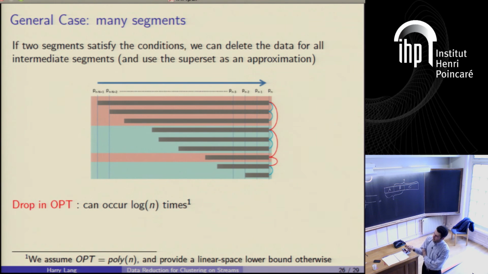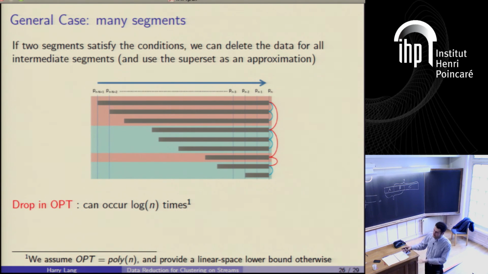And how many bars will I have in total? Well, what were my two conditions I needed to satisfy for smoothness? OPT was similar, and then all of the cluster sizes were similar. It didn't drop by a factor of 2, basically, because I wanted A to be less than B for each cluster. So the drop in OPT can occur at most log n times.